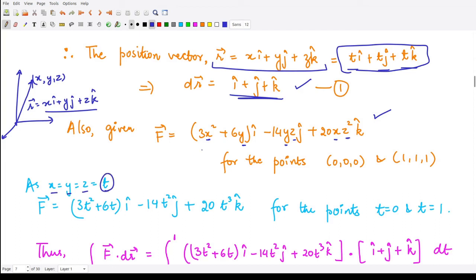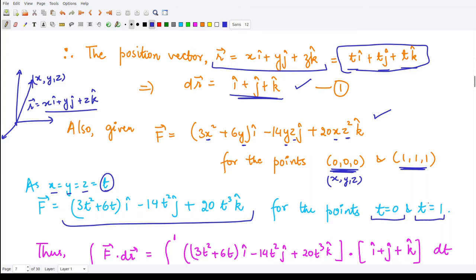So instead of x, y and z we can substitute t. So your function becomes this one, and moreover we can also convert the given points in terms of t. These are the values of x, y and z. Because they are equal, the value of t becomes equal to 0 and also equal to 1.